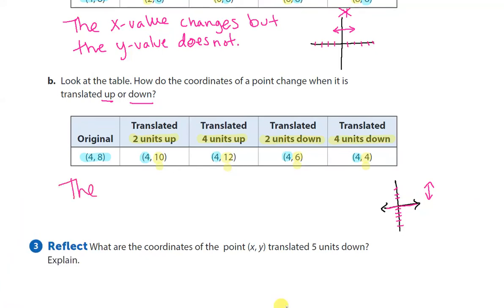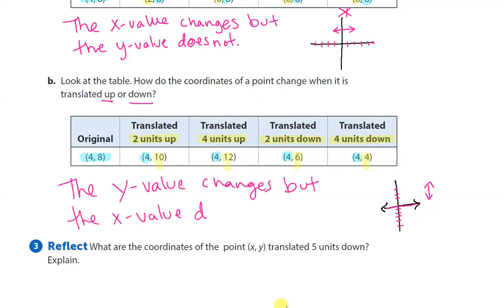The y value changes, but the x value does not. Oops, that's an A. There's no A in does. Yay, we did it.